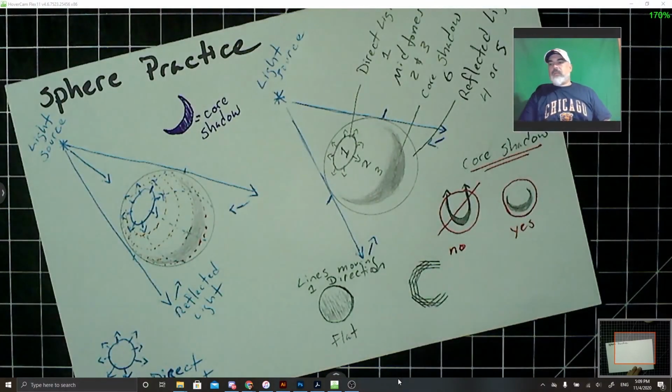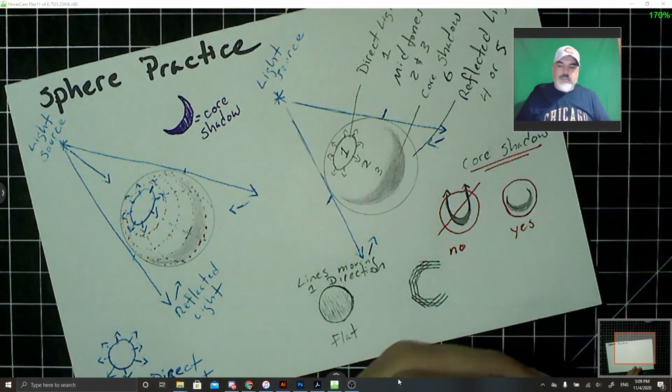Okay. And we do that with our hands all the time. Our fingers are straight. The bones are straight, right? All our bones are straight. But once we start curving and changing our angles, we can get a curve, right? We do it all the time. All we're doing is taking straight bones and changing their angles and we can see a curve.